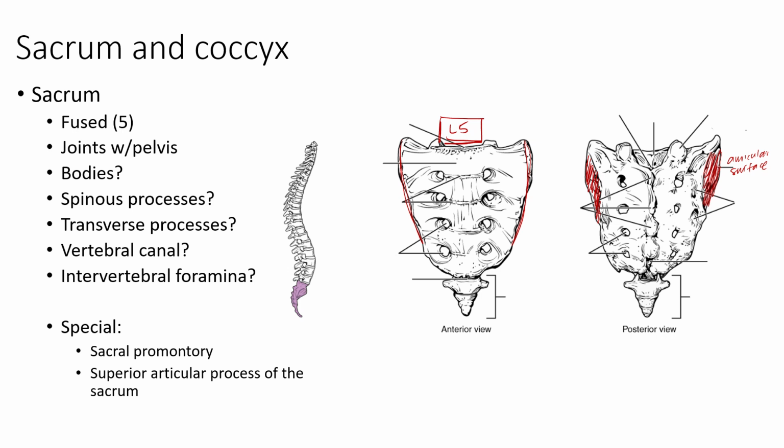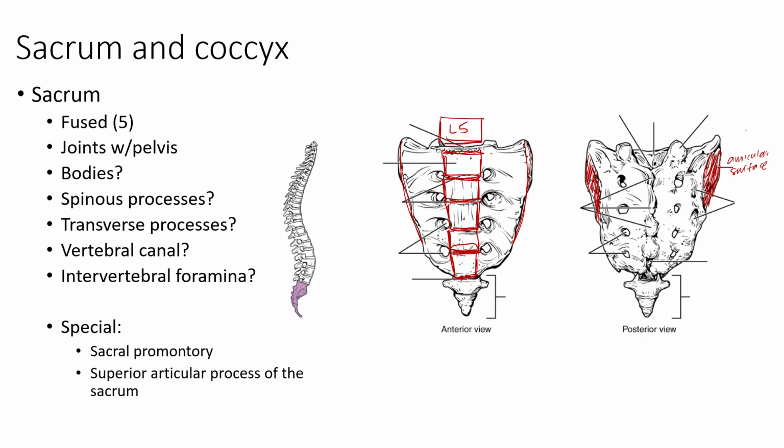The bodies of the sacral vertebrae are still actually called sacral bodies. They're right here, right smack down the middle, and they're curvy from the anterior view, just like you would expect of 5 vertebrae stacked up on top of each other.